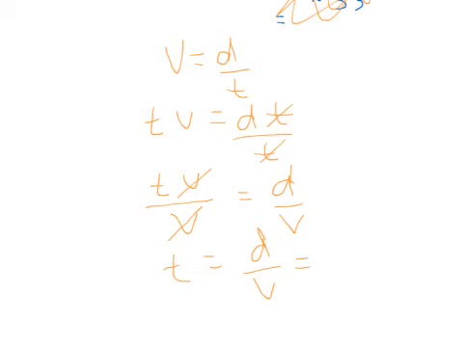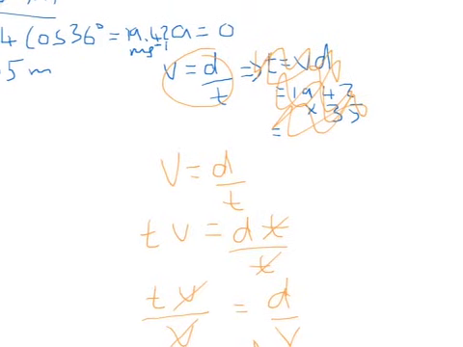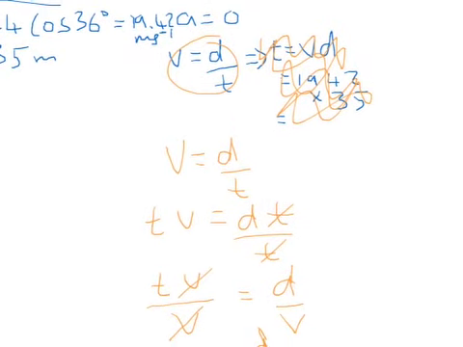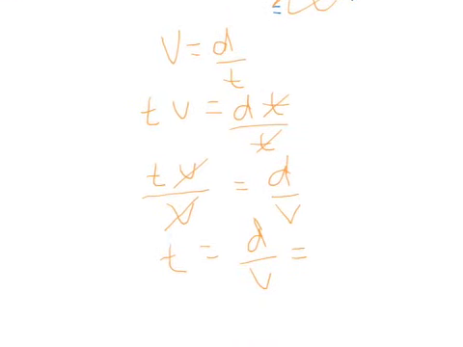What do we have? We had the velocity is 19.42 and the distance is 35 meters over 19.42. That gives us a time of 1.802 seconds.